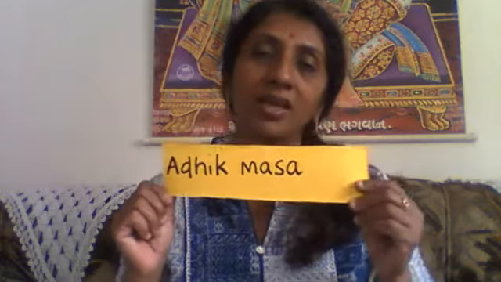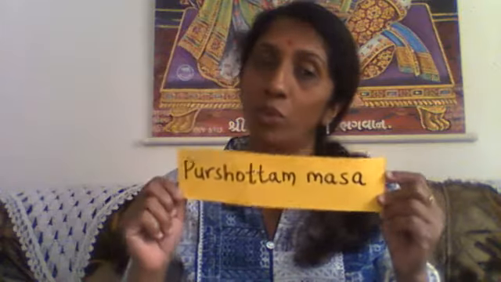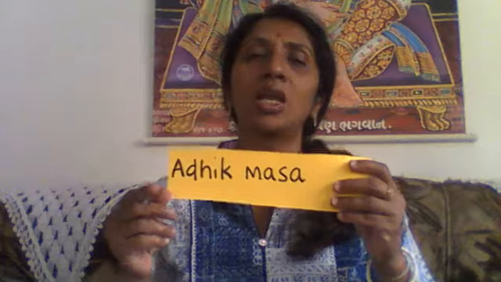In this year 2076 of the Hindu year, we have the 13th month, and the 13th month is known as Adhik Maas. Sometimes it is even called Purushottam Maas, but most of the time the word they use is Adhik Maas.